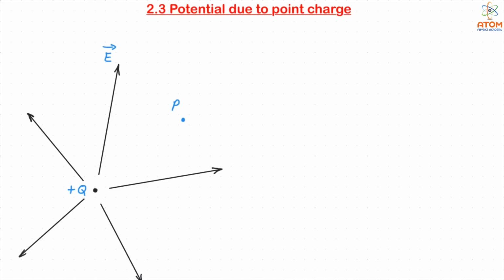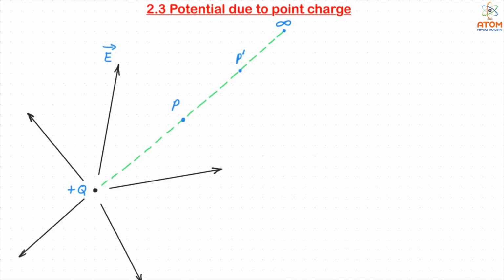For that, first of all, let me draw a line passing through this point P in a radial direction. So here is the line in a radial direction, and suppose that the end of this line is at infinity. Obviously infinity cannot be on this page, but assume that this point is the infinite point, and also take one point here somewhere, and let us name it P dash.